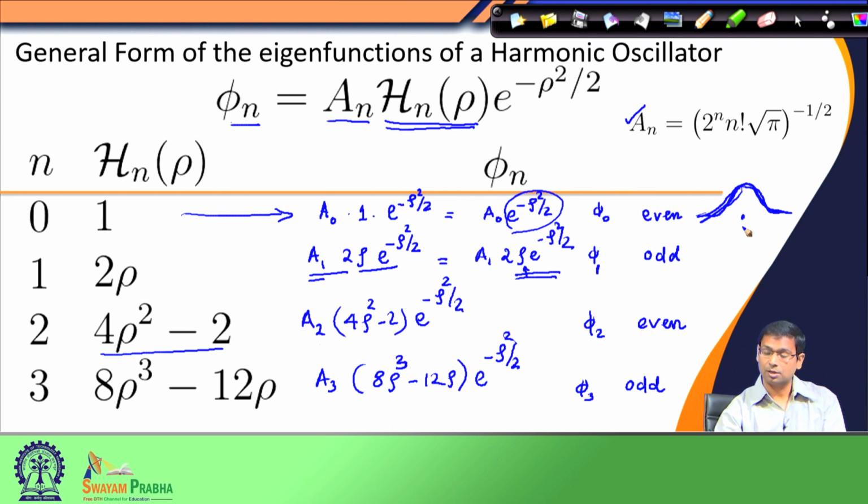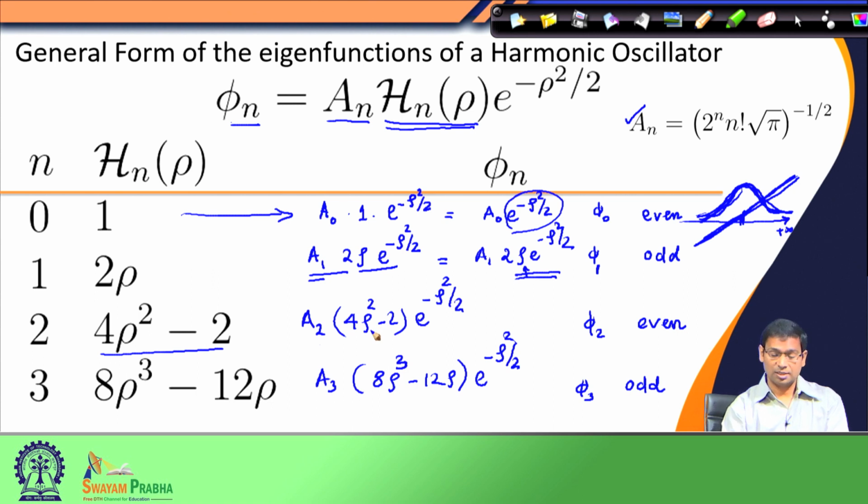So, when this is my rho axis, rho is 0, rho is plus infinity, rho is minus infinity. The e to the power minus rho square by 2 term is the Gaussian bell shape form, rho is simply the straight line here. So, when I multiply these two functions, you would see that at rho equals 0, the wave function will become 0. Why? Because this function will develop a node, that means the wave function will vanish when rho is equal to 0.